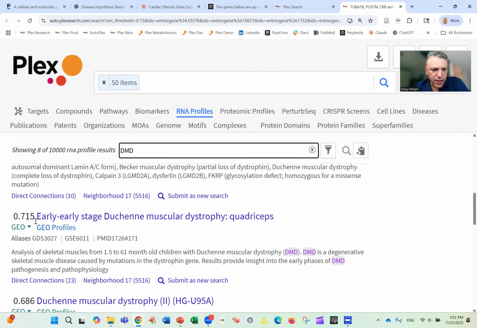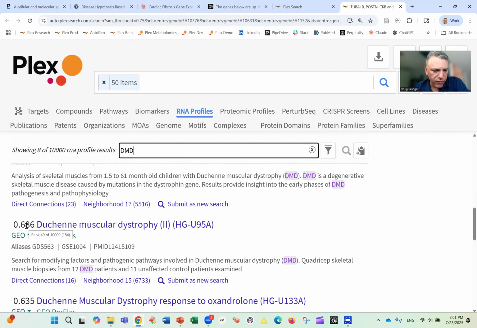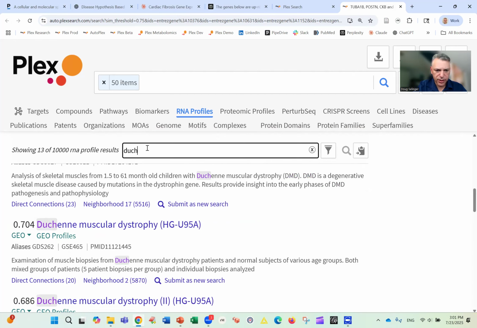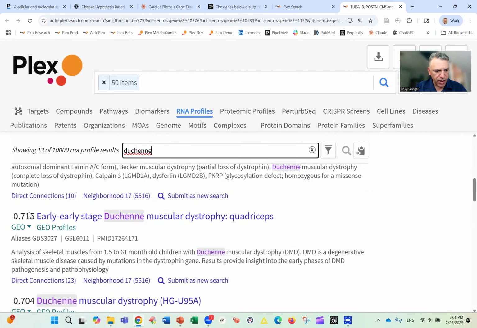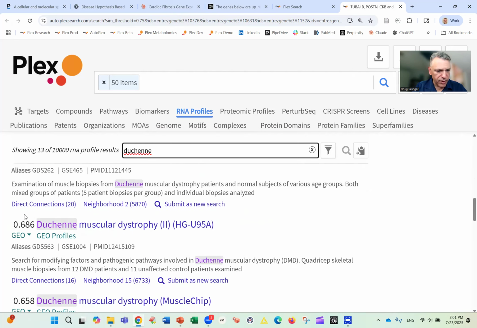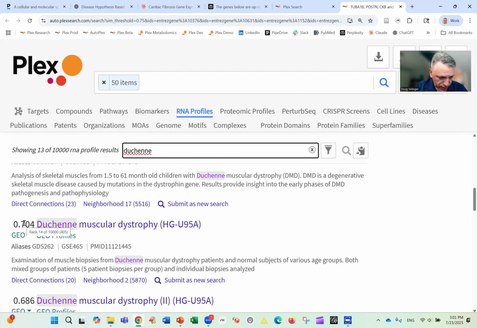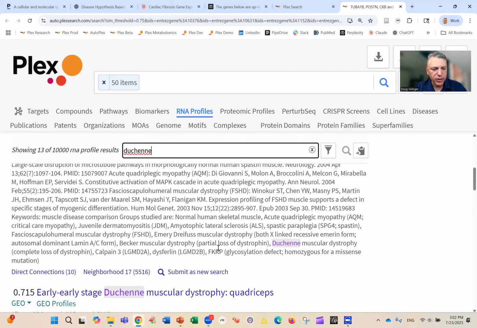As we scroll down, we see that this other study that was ranked number 5 was another DMD study. As we scroll down further, this one, which was ranked number 49. I think actually if we filter to, well, let's do Duchenne instead of DMD, because I think there's another one that we missed. So this is ranked number 5, this is ranked number 14, this is ranked number 49. So there's a number of studies here that are related to the input signature.